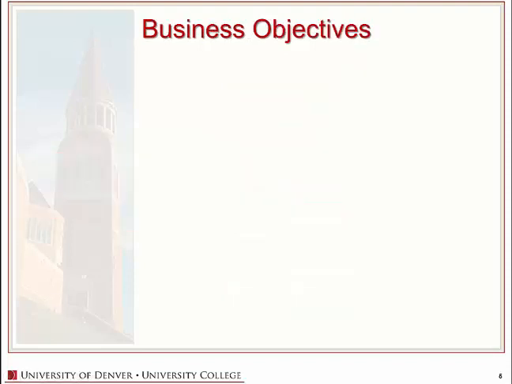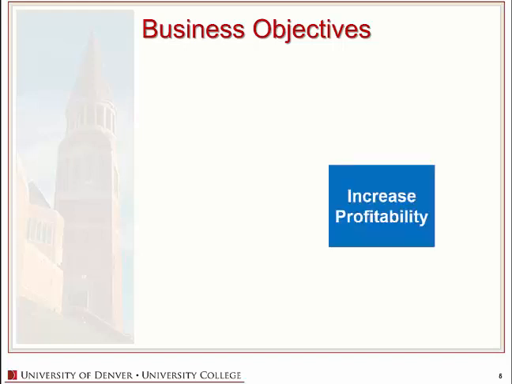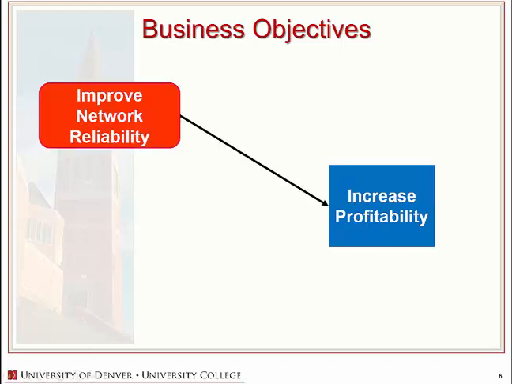Let's take a look at an example of several benefits contributing to a single business objective. Consider a company wants to increase profitability of its mobile phone offering. You can improve network reliability so as to lower costs and reduce customer turnover.